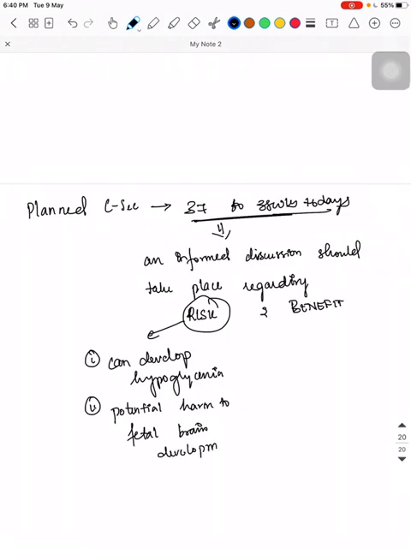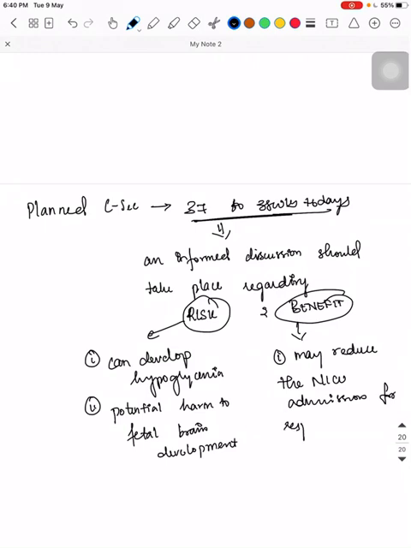Okay. What is the benefit? It may reduce the NICU admission for respiratory morbidity such as RDS and TTN. Okay.